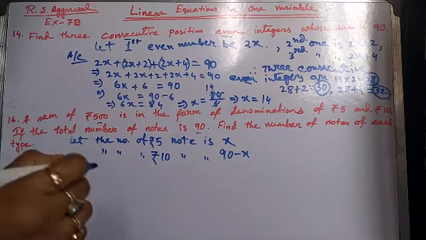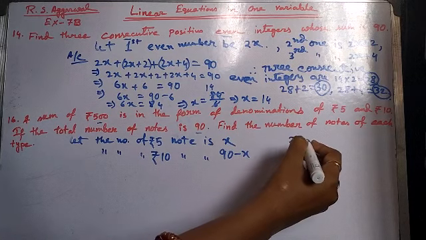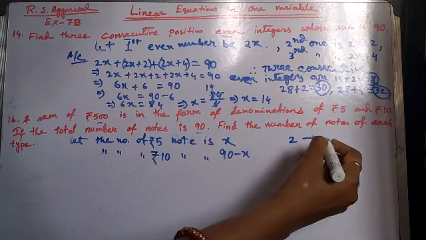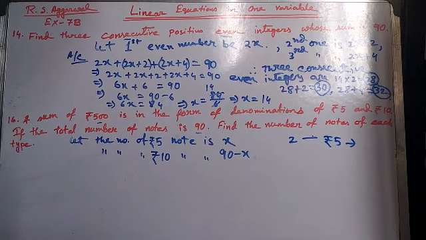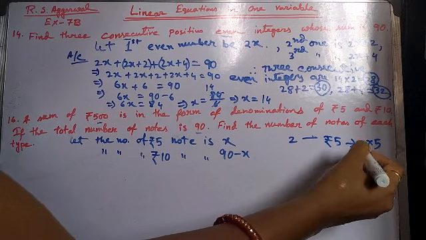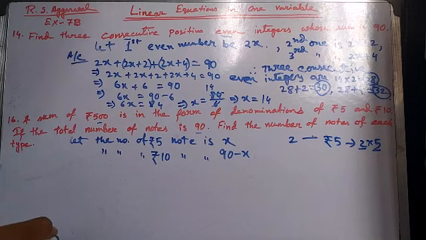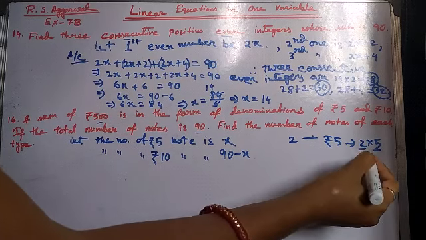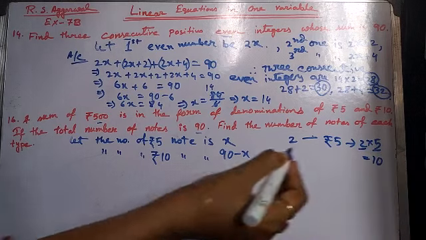Now the value of the notes. If there are 2 five-rupee notes, what is the total value? 2 into 5: the value of the note is 5 and the number of notes is 2, so the total is 10 rupees.